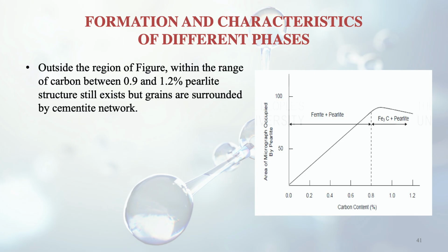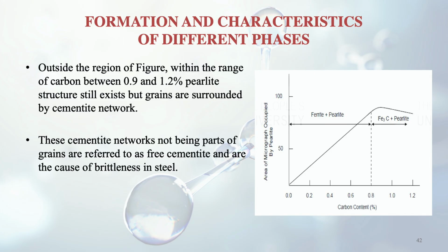So outside the region of the figure given here, within the range of carbon between 0.9 and 1.2%, pearlite structure still exists, but grains are surrounded by the cementite network. I told you just now that cementite increases beyond 0.8%, so that is what is happening here between 0.9 and 1.2%.